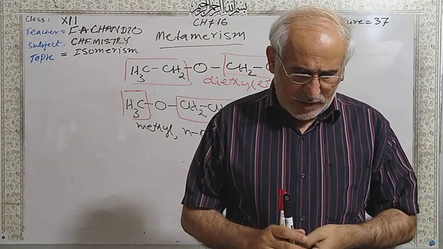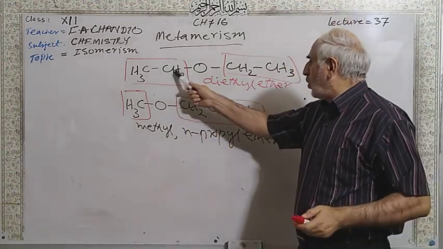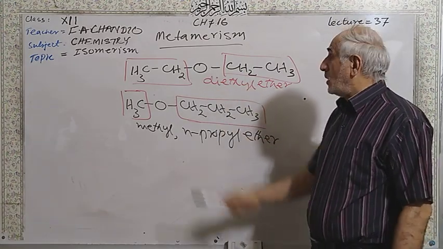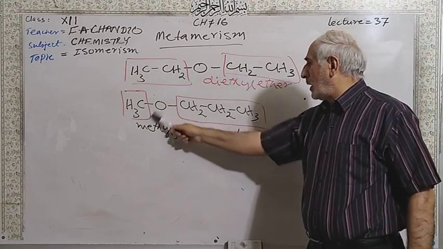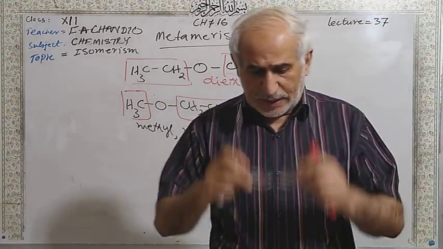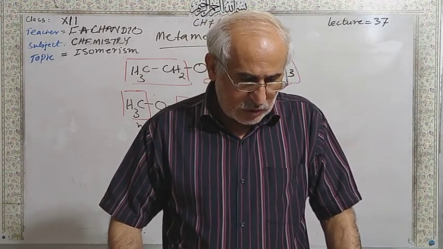It is due to the unequal distribution of carbon atoms: 2 and 2 versus 1 and 3, on either side of the functional group.